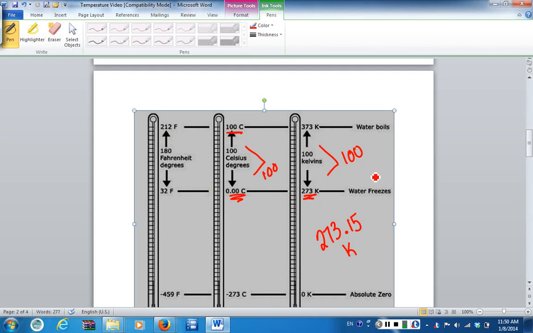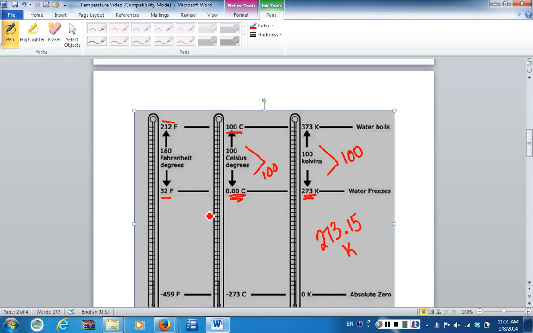Now, the Fahrenheit scale is actually the scale that you should be most familiar with. In this particular scale, water freezes at 32 degrees Fahrenheit, and it boils at 212. Now, as you can see, compared to the Celsius scale, we have different starting points, so it's 32 rather than 0.